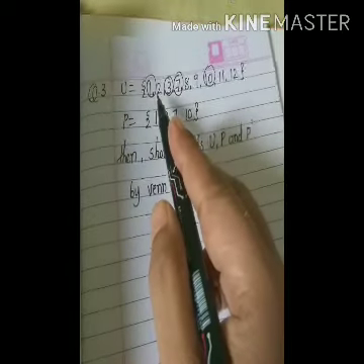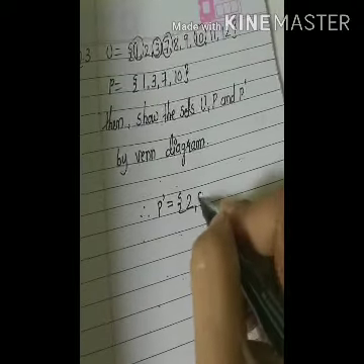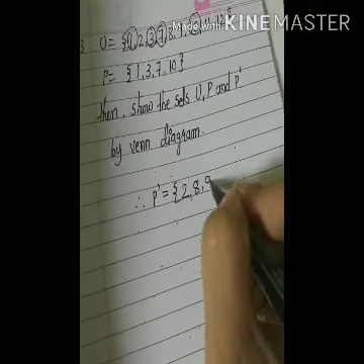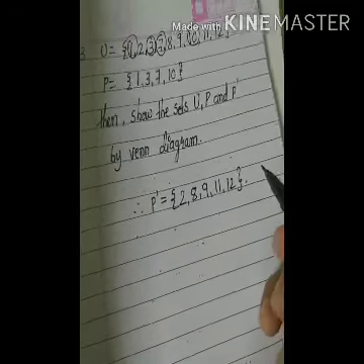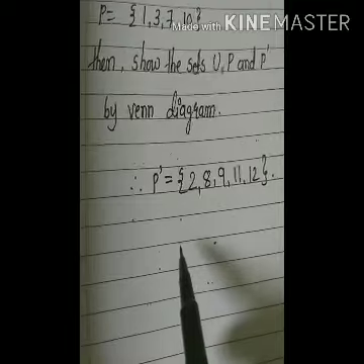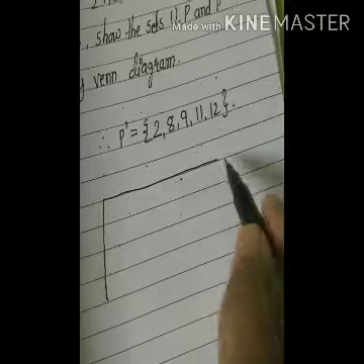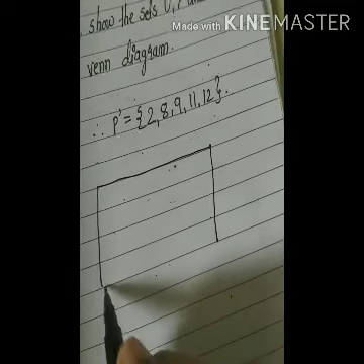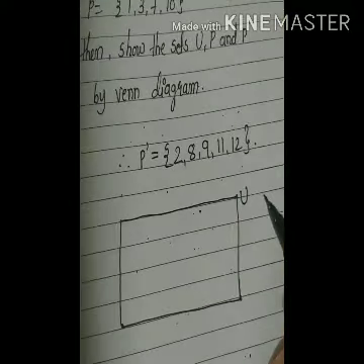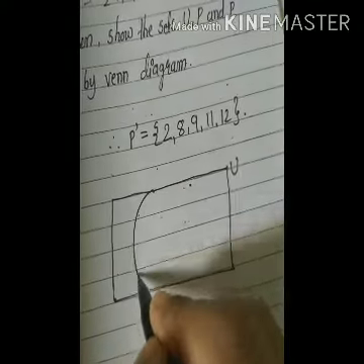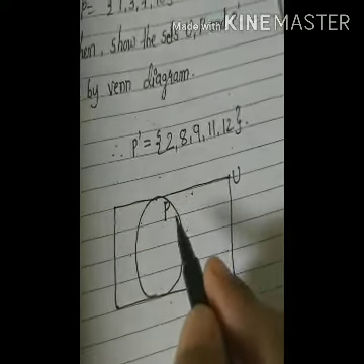So what are the elements that remain here? 2, after that 8, 9, 11, 12. Close the curly bracket. Now we draw the Venn diagram. First we draw the universal set. For the universal set we take a rectangle. This is the universal set. After that set P. This is the P set.